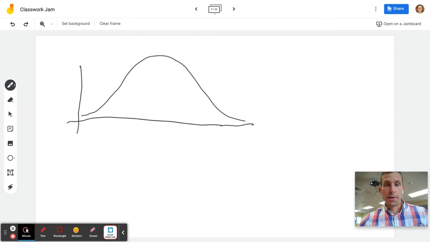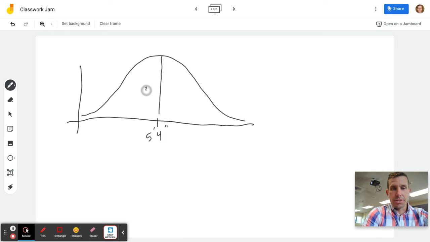So here's an example. Let's say that the average height of freshmen at New Tech is 5'4". The middle of this data distribution might be 5'4". And maybe there's, I don't know, like 30 students that are exactly 5'4". And then as we get farther and farther out, there's fewer students that are taller.